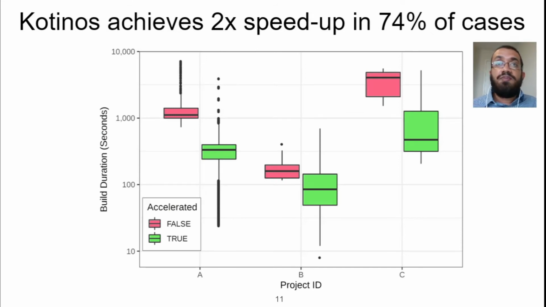Then we compared build durations of accelerated and non-accelerated builds in 3 proprietary projects. In pink, we show the builds that were not accelerated, and in green, we show the accelerated builds. Here, we demonstrate that Kotinos achieves at least 2-fold speedup in 74% of the cases.